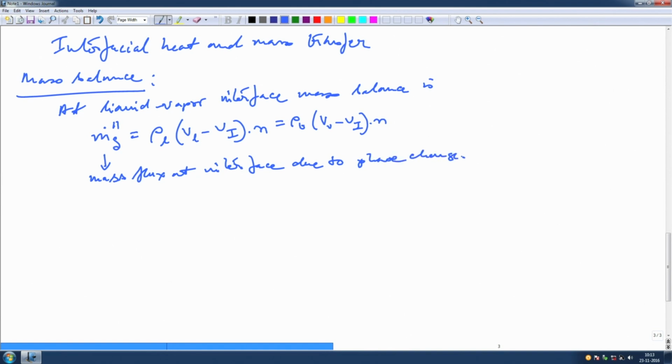Just to recap, VI was the interface velocity.